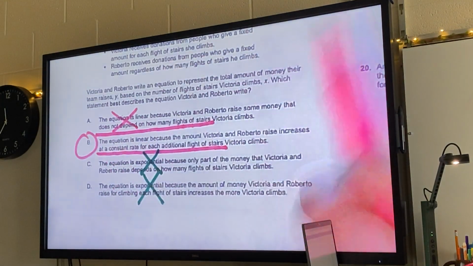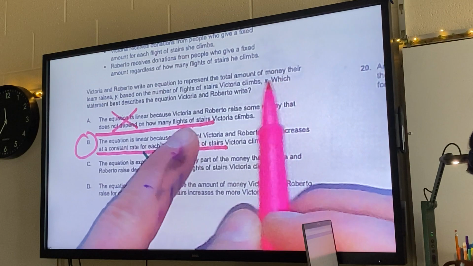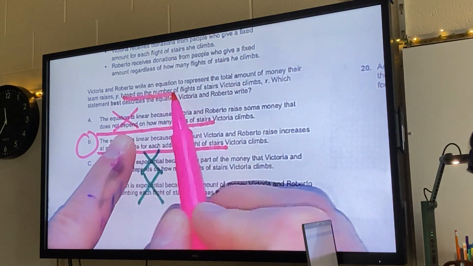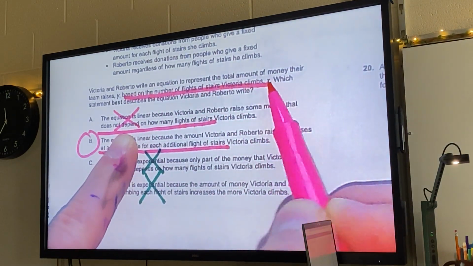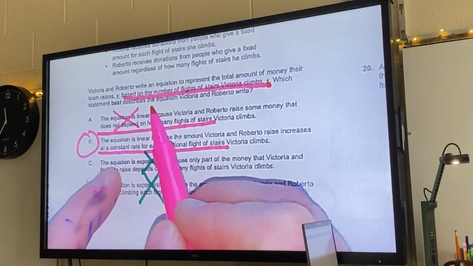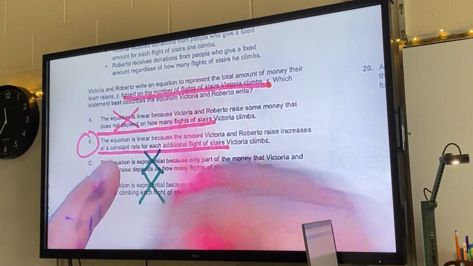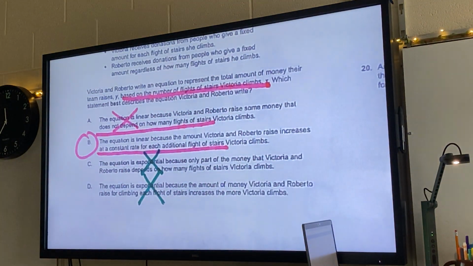It would be B. And y'all, it says right here in the equation, based on the number of flights she climbs, X. So A contradicts this statement right here. All right, we good? No math, just thinking. I think everybody can definitely do number 17.